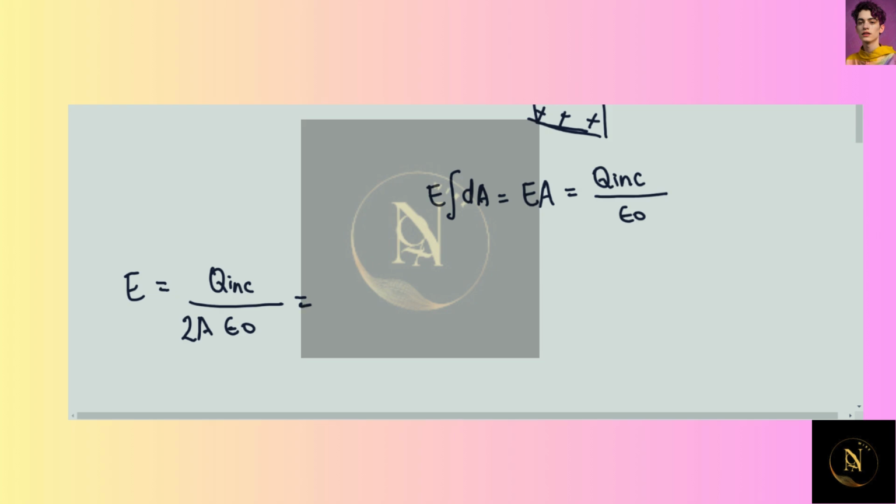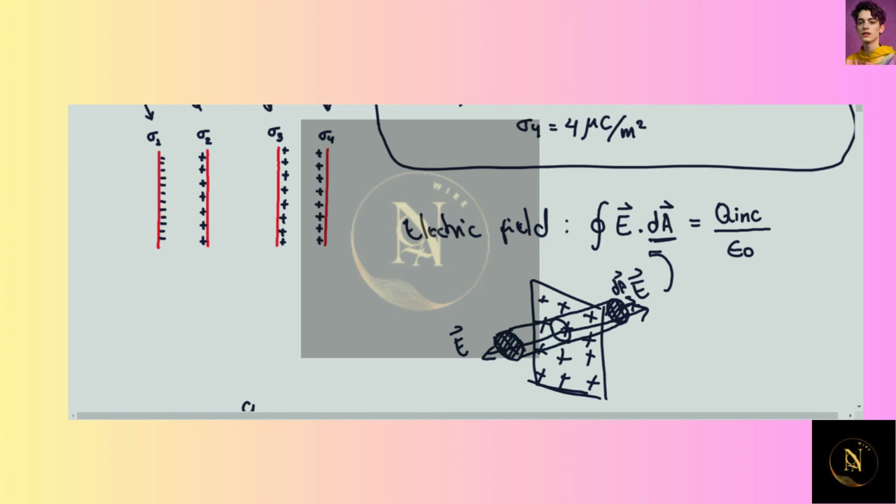And we know that the surface charge density is equal to the charge over the area. So we obtain that the electric field is the charge density over 2 times epsilon 0. With this in mind, we can use this to obtain the electric field in our sheets at any point we want to measure.